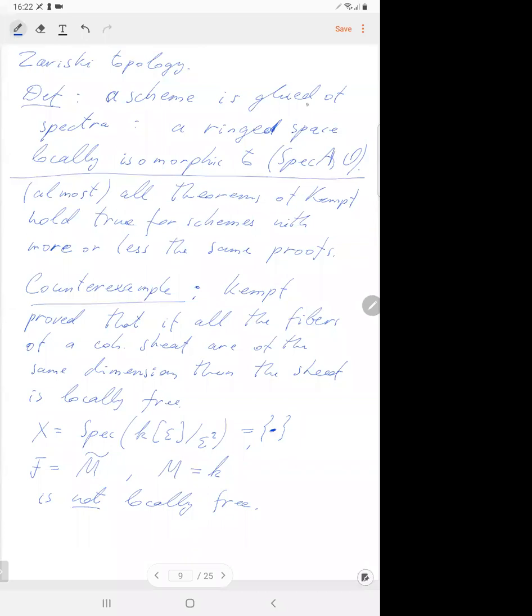Is not. Yes. So the points are the generic point that corresponds to the zero ideal, and in its closure you have all the other points, and all the other points are just prime numbers: 2, 3, 5, 7, and so on, right? So a function takes different values at different points.